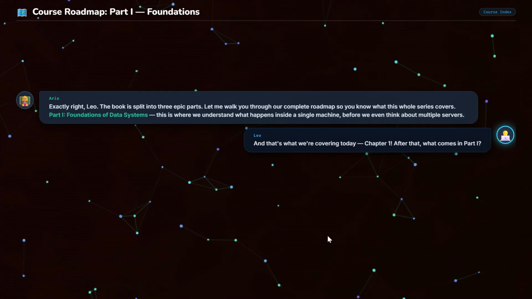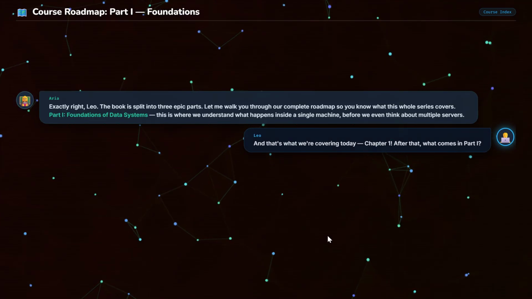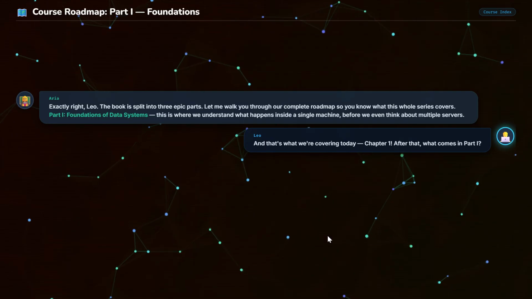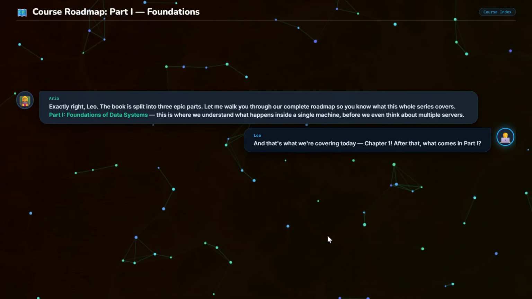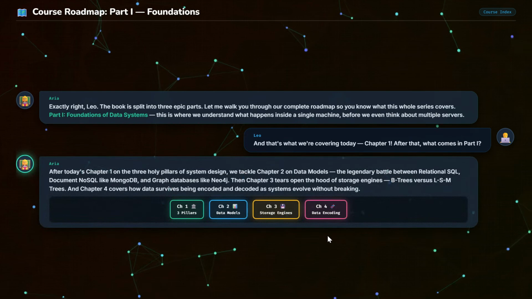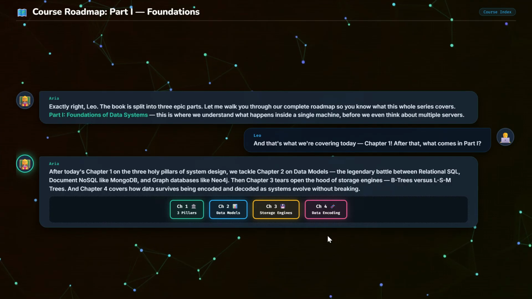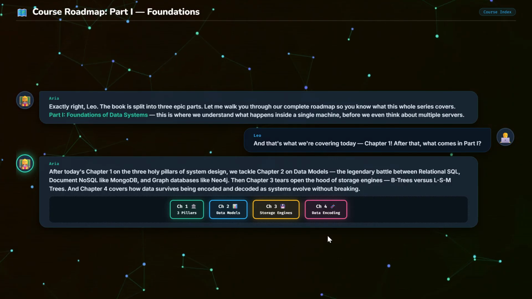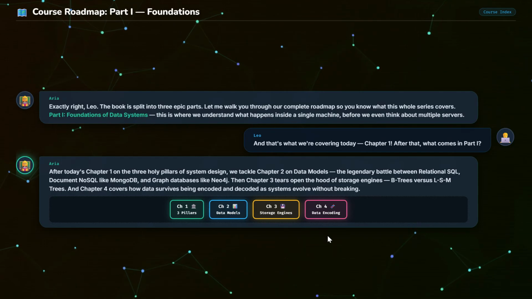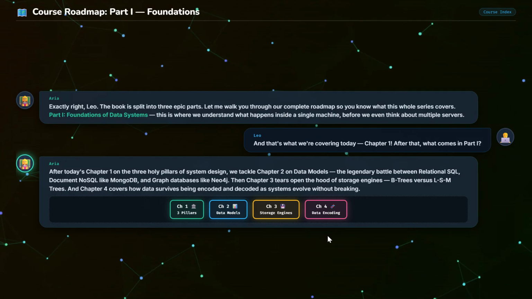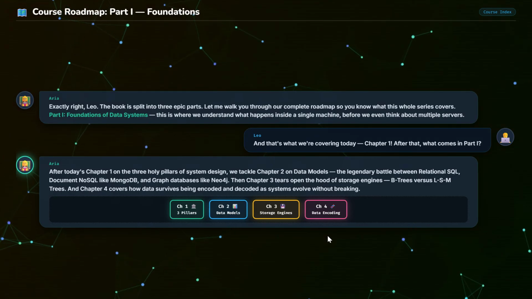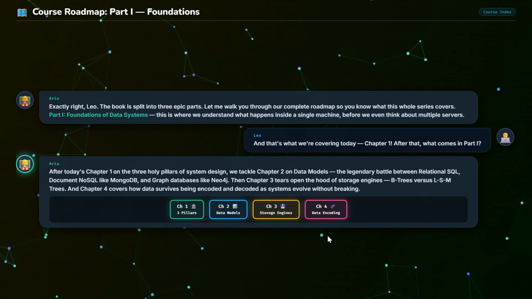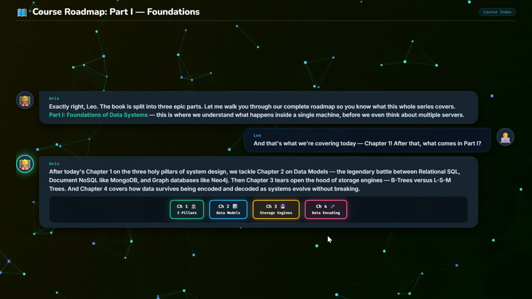And that is what we are covering today, Chapter 1. After today, what else is in Part 1? After today's Chapter 1 on the 3 holy pillars of system design, we tackle Chapter 2 on data models, the legendary battle between relational SQL, document NoSQL databases like MongoDB, and graph databases like Neo4j.